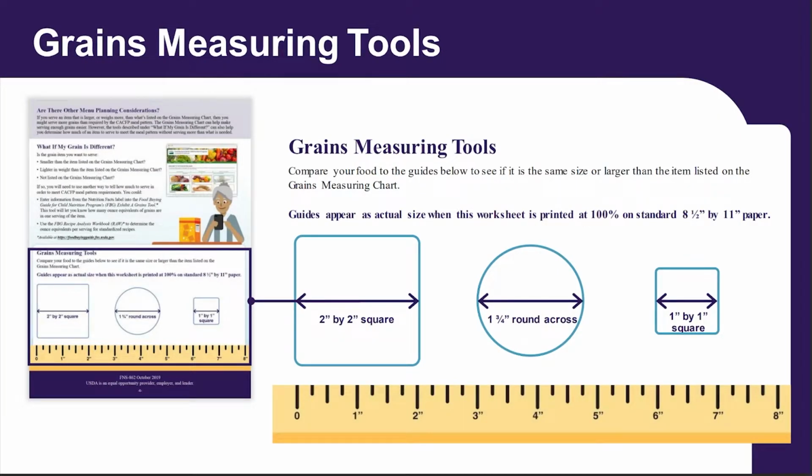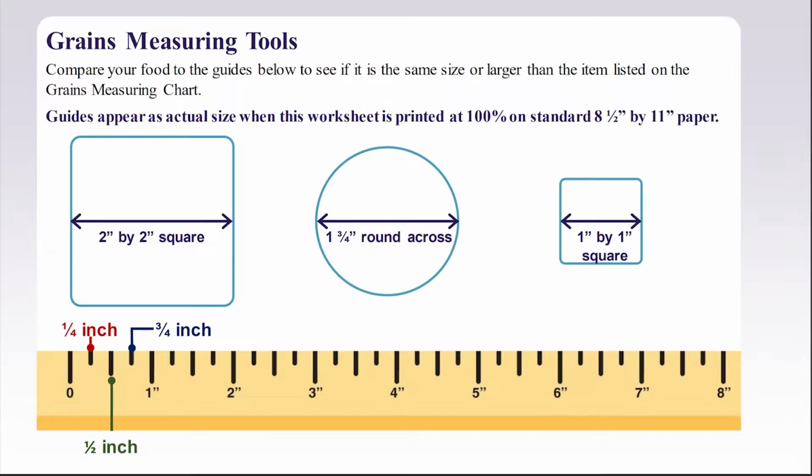The bottom of page 6 has a section called Grains Measuring Tools that you can use to see if your item is the same size or larger than what's listed in the grains measuring chart. You will see that there are some shapes of common sizes of crackers and other grains, such as circles and squares, as well as a ruler at the bottom.